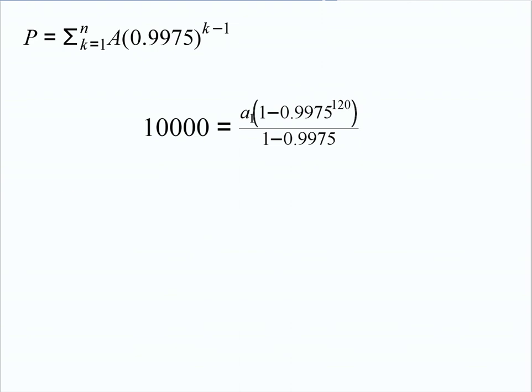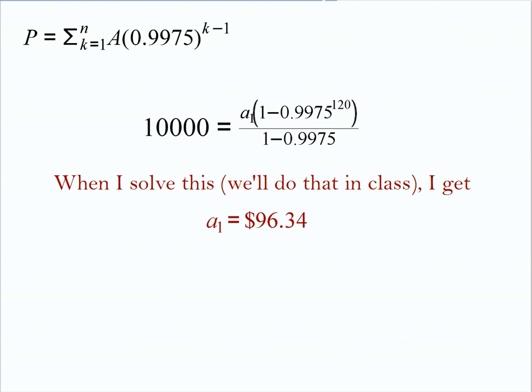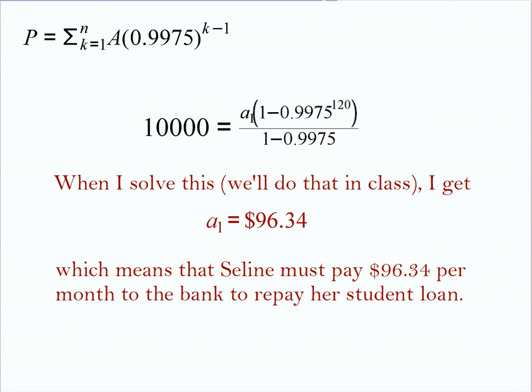We'll go over that some more in class. But when I solve this, I get a monthly payment amount of $96.34. That means that's the amount Celine has to pay to her bank every month to repay that $10,000 student loan. And at the end of 10 years, she'll have it paid off.